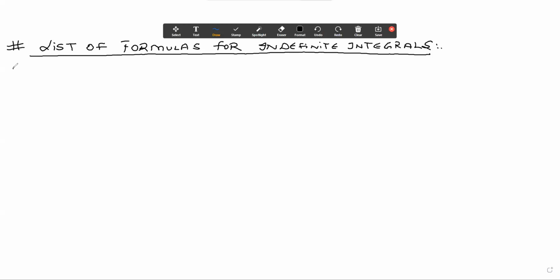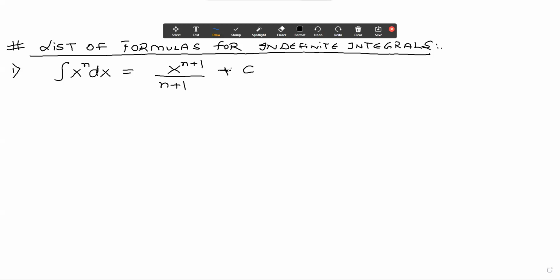So formula number 1, integral of x to the power n dx is x to the power n plus 1 upon n plus 1 plus c. You will always have c in indefinite integrals, where c is the constant of integration.